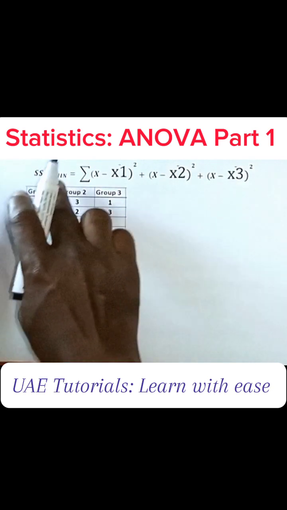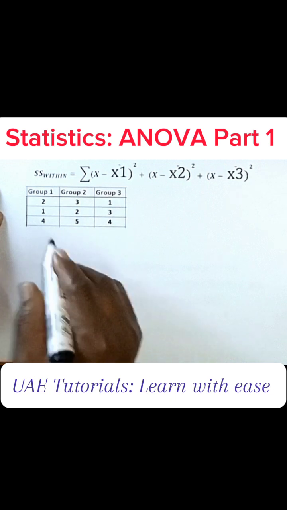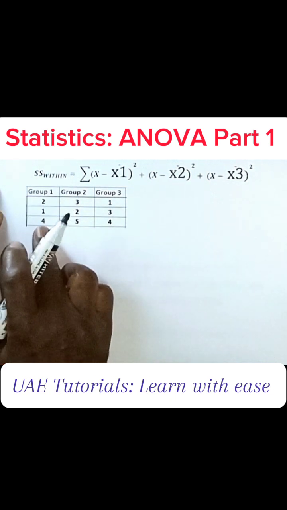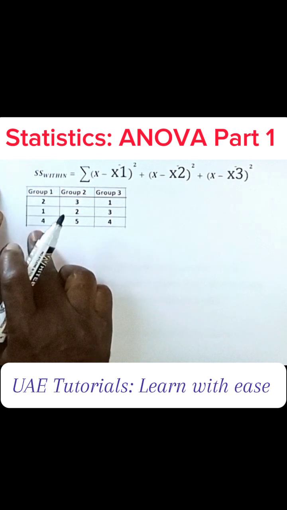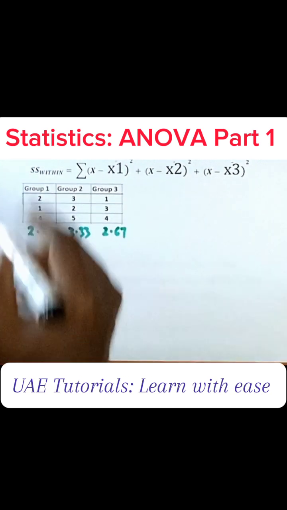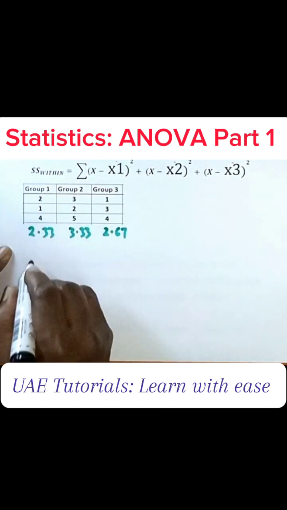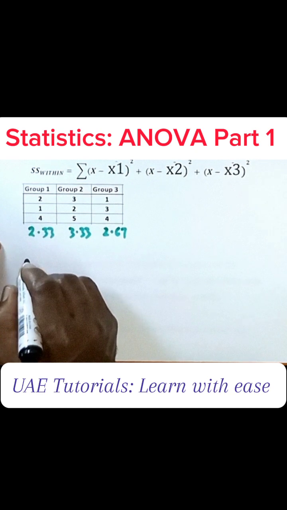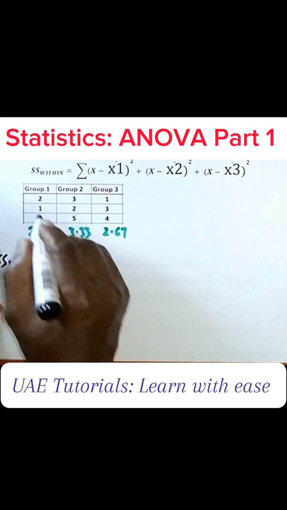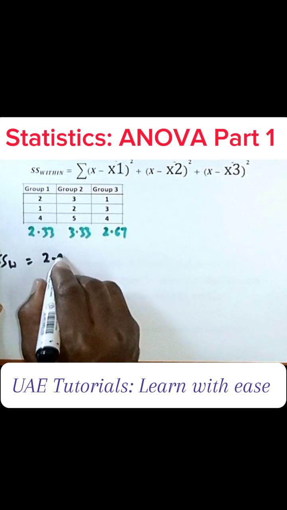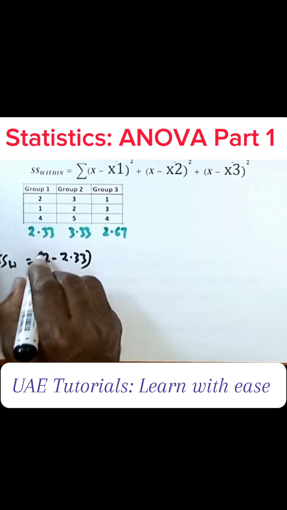The next will be the sum of squares within. And for this, for each group, remember that the mean for this group is 2.33. So for each group, we evaluate this formula. Sum of squares within will now be for group 1, 2 minus, what's the mean for that group? 2.33.